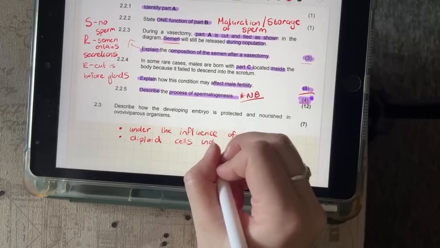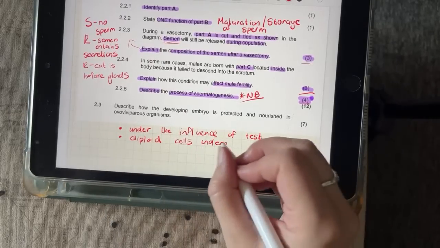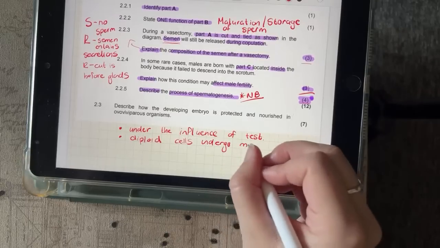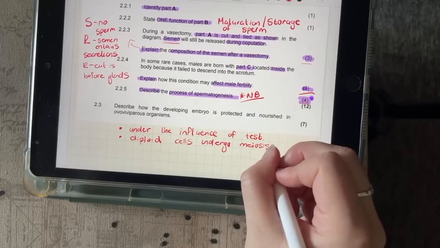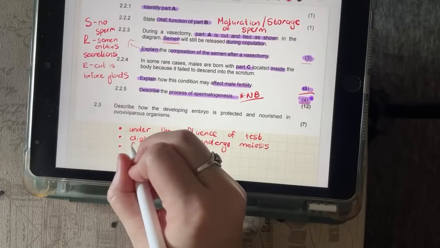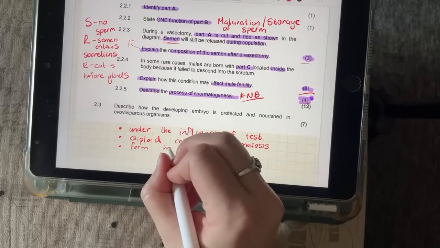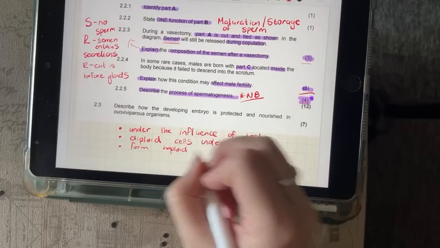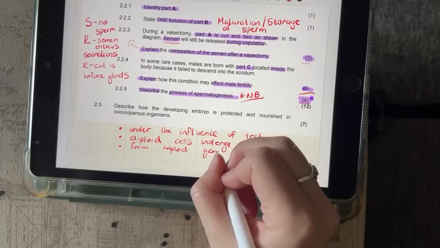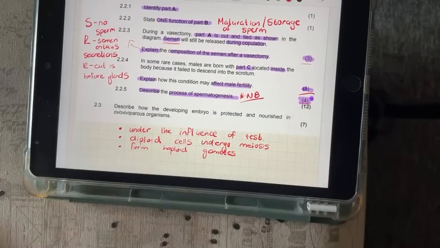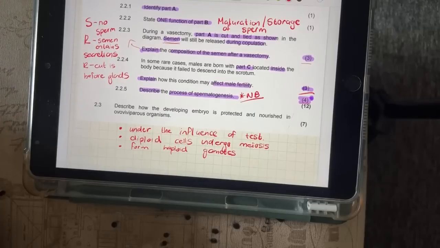They undergo meiosis, and those form haploid gametes or sperm cells, if you want to say something like that.